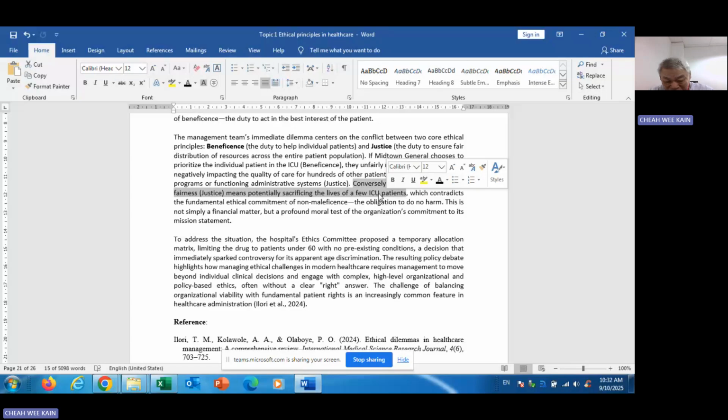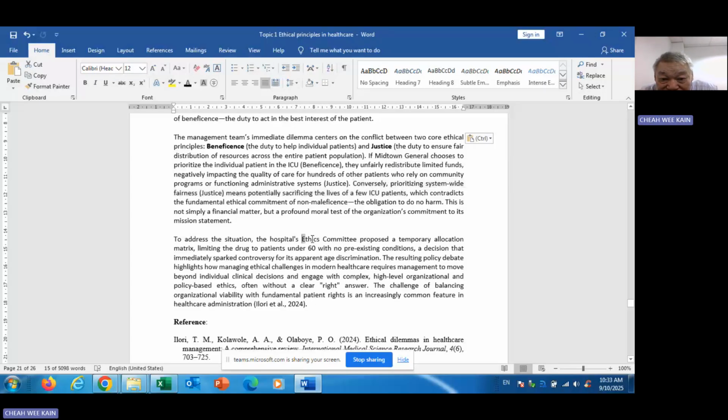Okay, so we have come back to which one is better. Do the means justify the aims, or do the aims justify the means? It's either one of these.